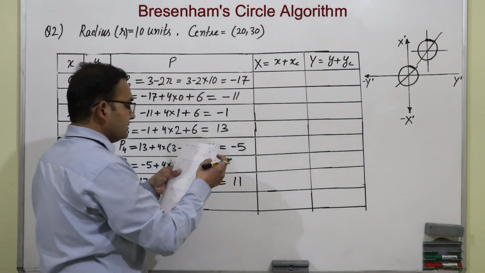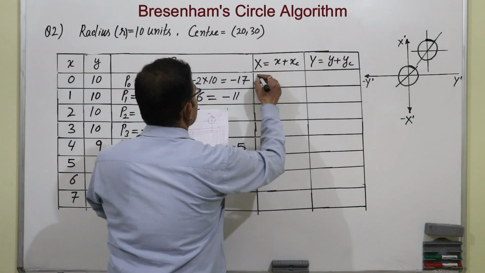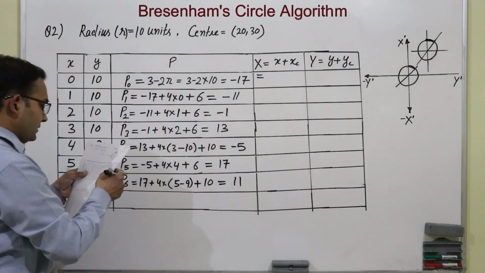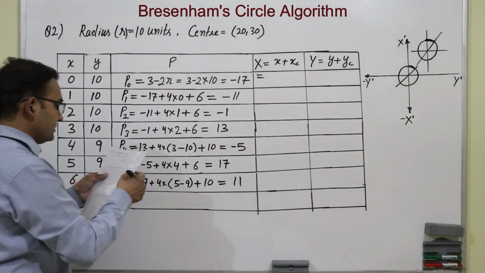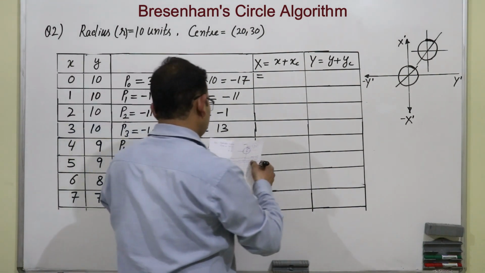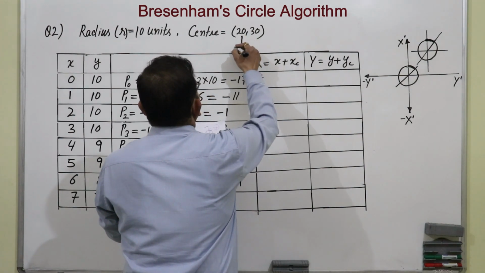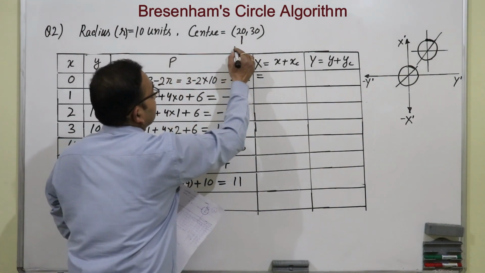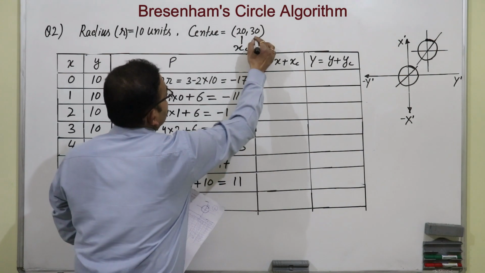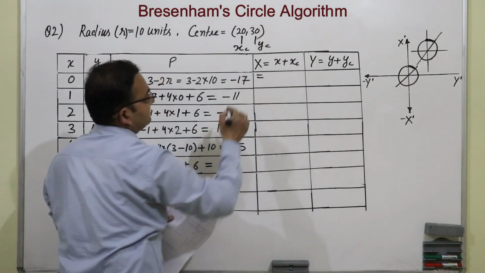The coordinates are: zero plus 20, this is xc, yc.